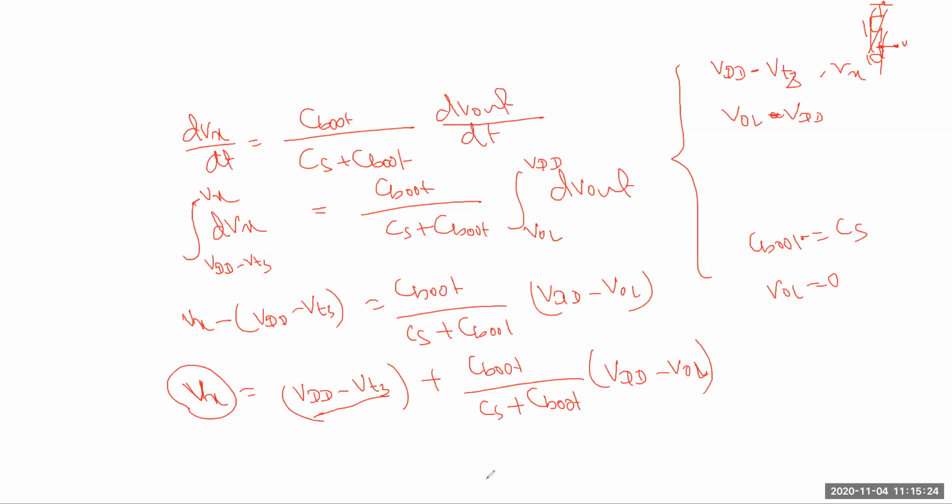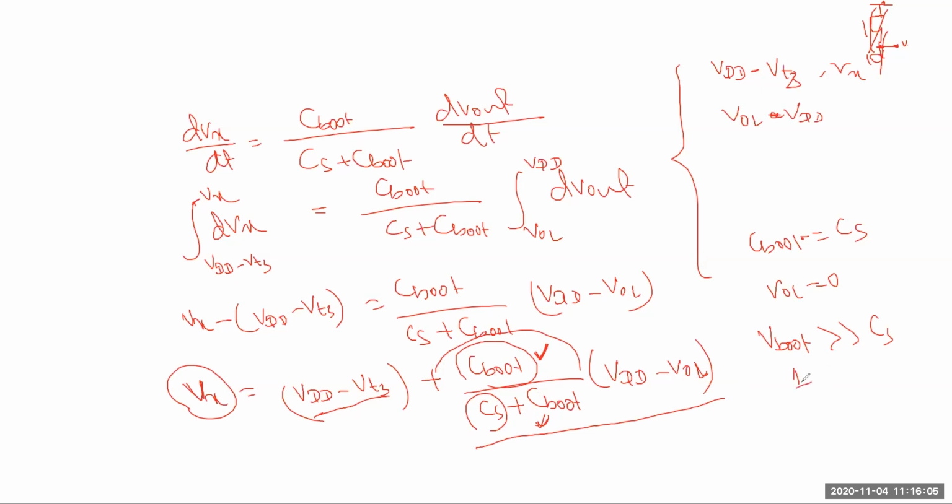Here again we have C boot and CS. These are the important factors, and we can increase this voltage by changing this ratio. If C boot is very, very high compared to CS, then this term will be almost 1.